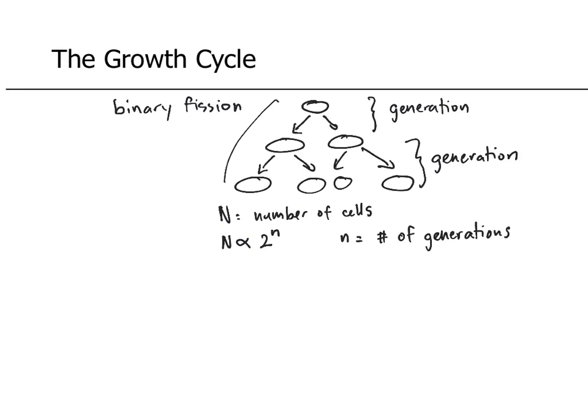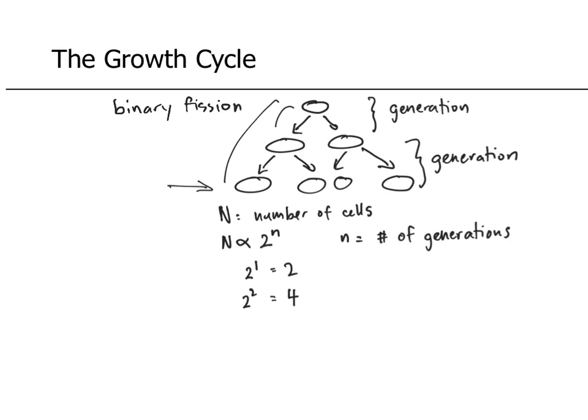In this first step, we had 2 to the 1, so there's 1 generation, and we ended up with 2 cells. If we count both generations, we have 2 to the 2, which is now 4 cells.